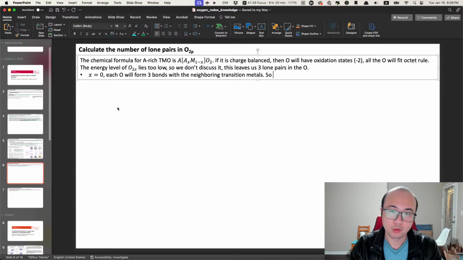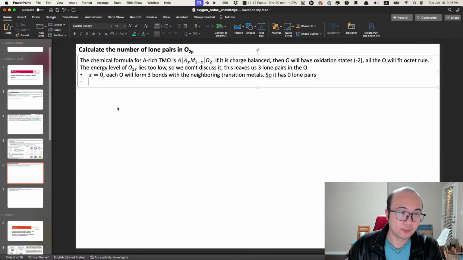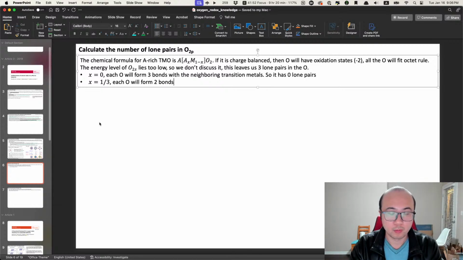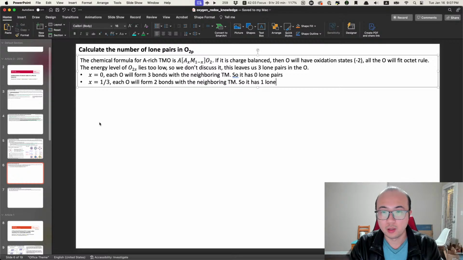So that's 0 lone pairs. If it forms 2 bonds with transition metals, so it has 1 lone pair.